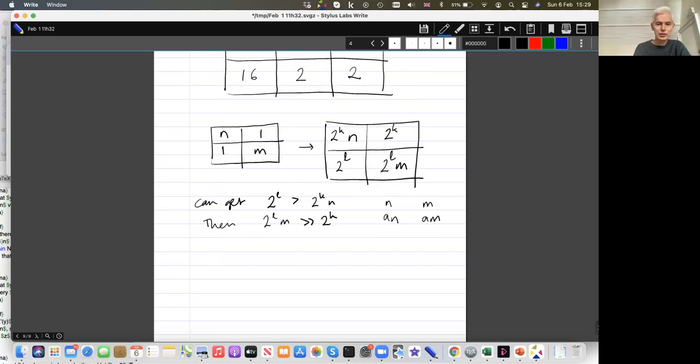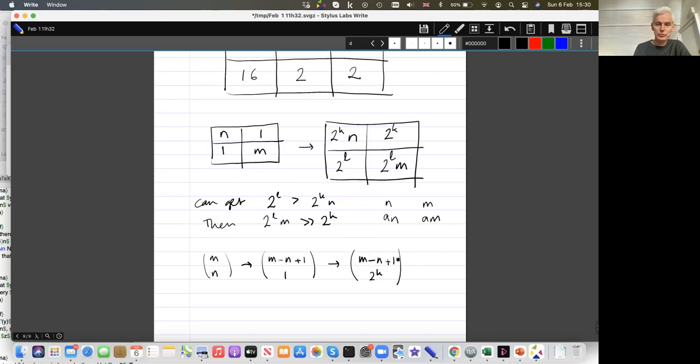In fact, I could even just ask myself the question, if I start with just a single pair of numbers, m, n, I'm allowed to double one of them or subtract one from each thing. So if I just continually subtract until I get down to, say m is bigger than n to start with, if I go down to m minus n plus 1 and 1, and then I go to m minus n plus 1, 2 to the k, where I choose 2 to the k to be the largest power of 2 that's smaller than or equal to m minus n plus 1.